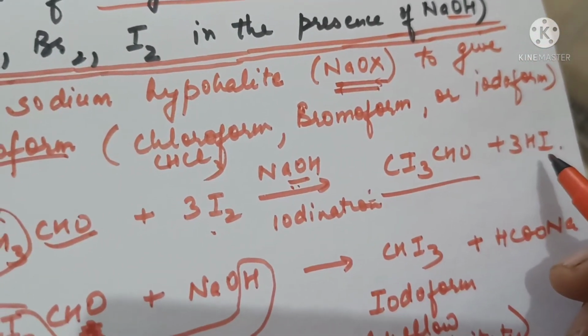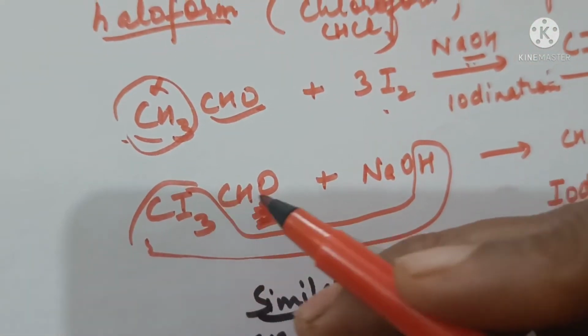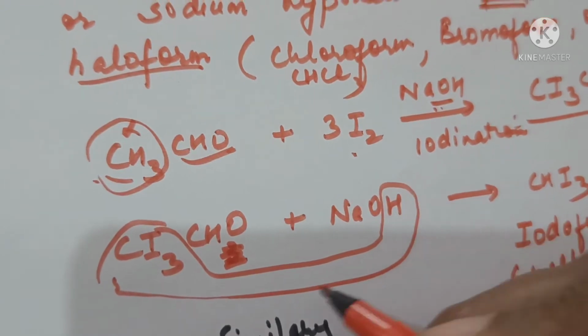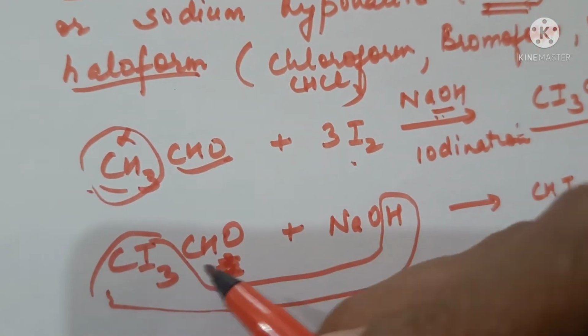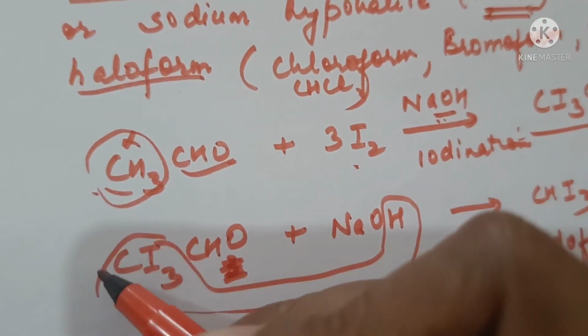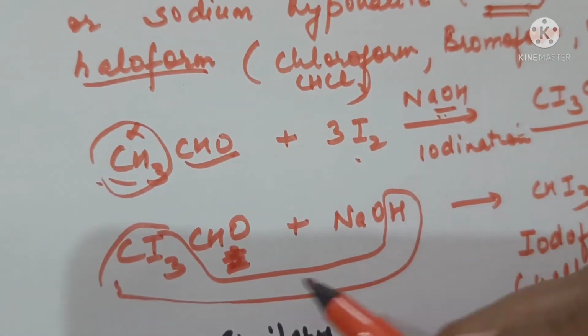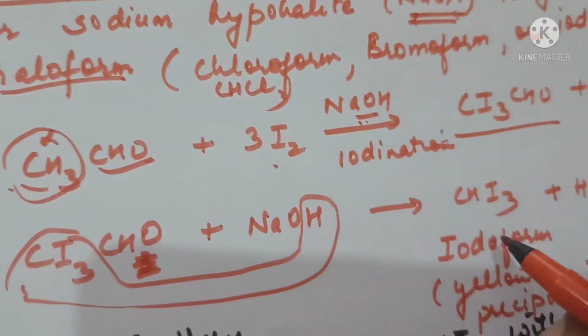Along with it, HI is formed, and this triiodoacetaldehyde will react with NaOH, take the H of NaOH, and the CI3 of the aldehyde will combine with this H to form CHI3, which is iodoform.